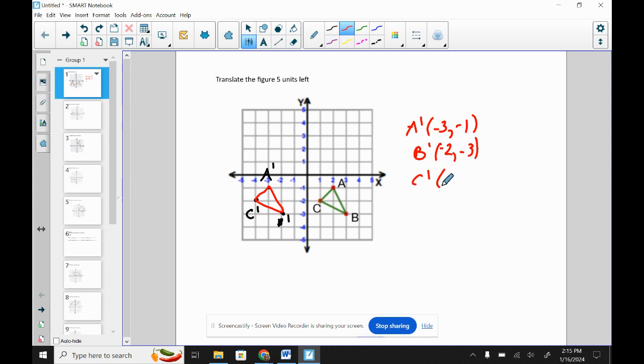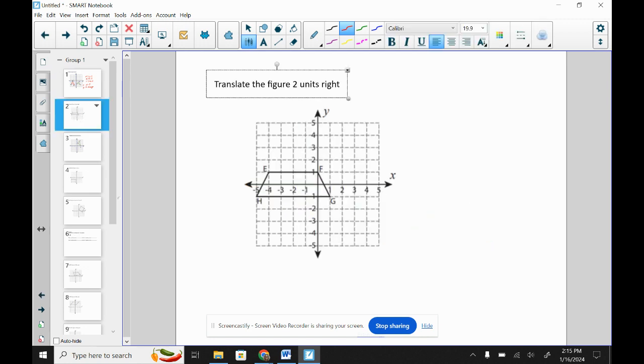And C prime is -4, -2. And you're going to compare that to the original. And the question is, what's happening? What we're seeing is that our x coordinate is getting smaller, or we're doing x minus 5. And our y coordinate, there's no change. Nothing's happening to our y coordinate. So that's one thing you're going to notice.